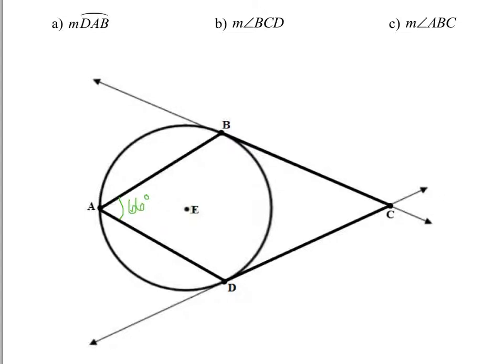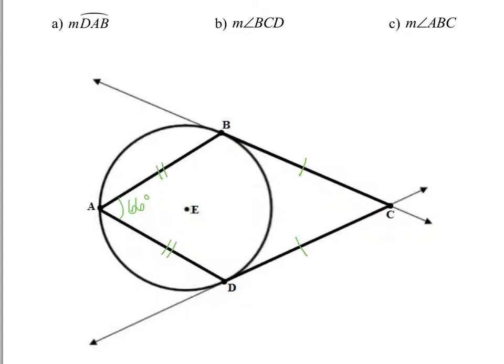We also know that points B, A, and D lie on the circle, and this is our kite. Well, properties of a kite say that two adjacent sides are congruent, but they're not congruent to the other two adjacent sides, which are congruent.